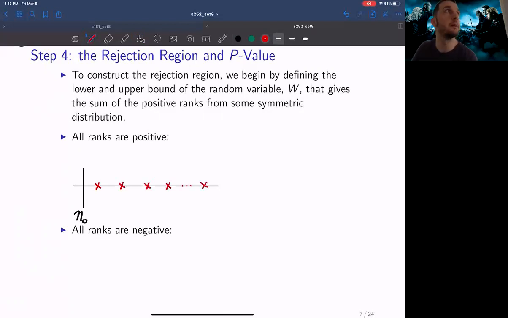So this could be x1, x2, x3, x4, up to x little n. So this would be 1, 2, 3, 4, up to little n.